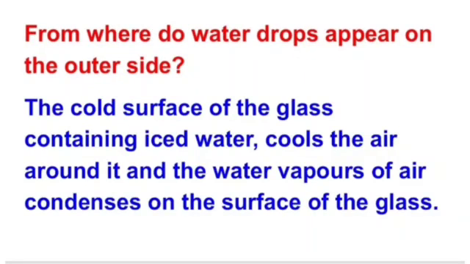Answer is, the cold surface of the glass containing iced water cools the surrounding air. Means cools the air around it, and the water vapors which are present in air condense on the surface of the glass. And due to this reason water drops appear on the outer side of the glass.